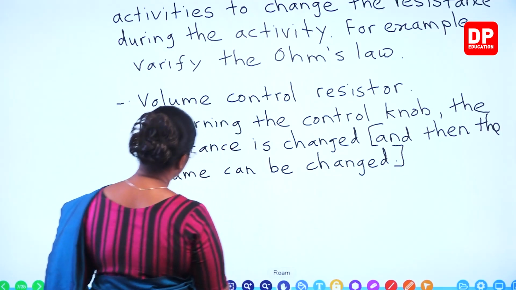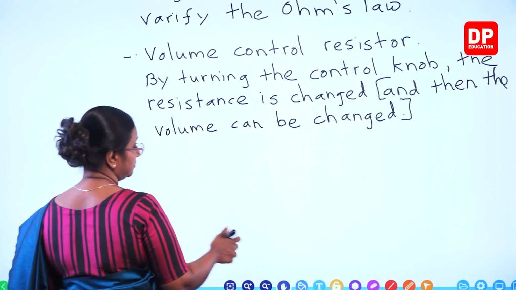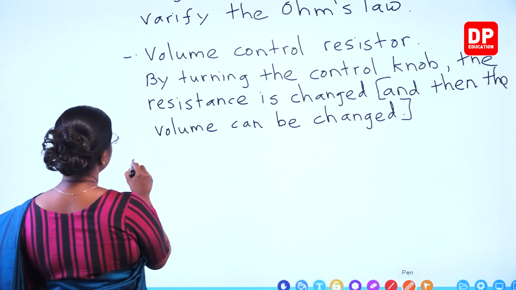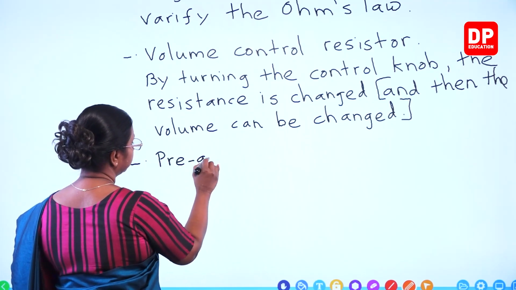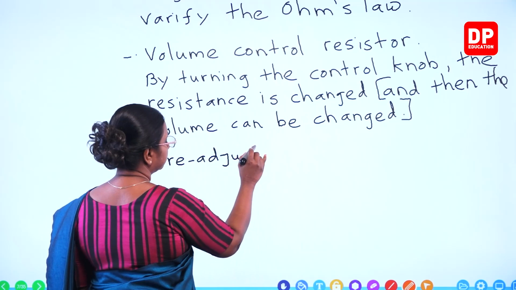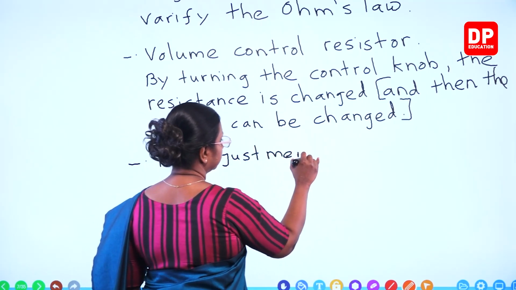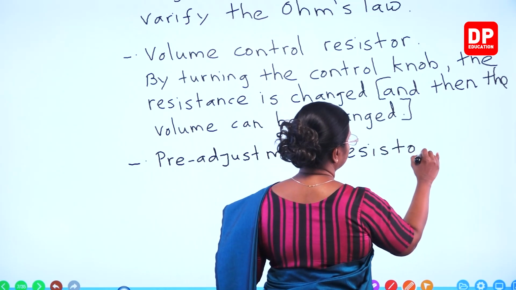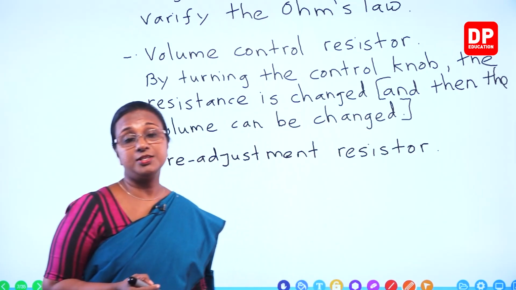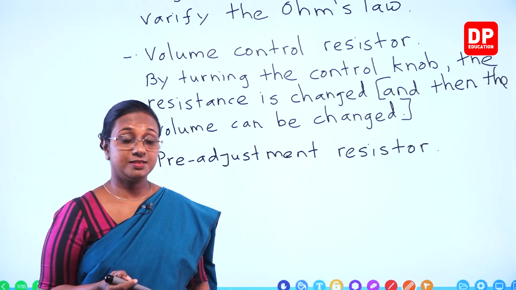Then we have the next one. Again under variable resistors, pre-adjustment resistors. So what is the advantage of using pre-adjustment resistor?